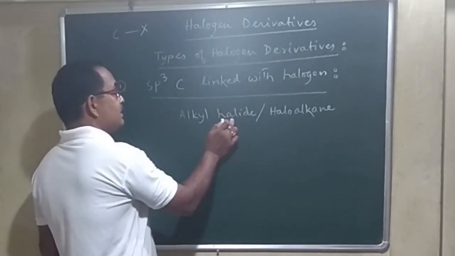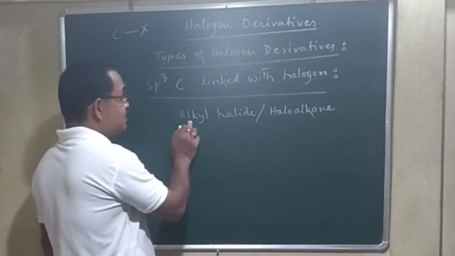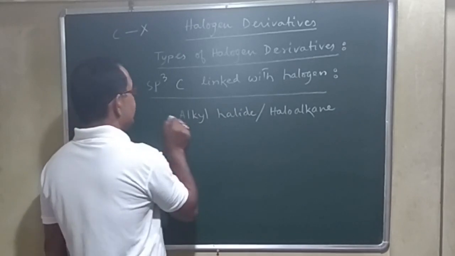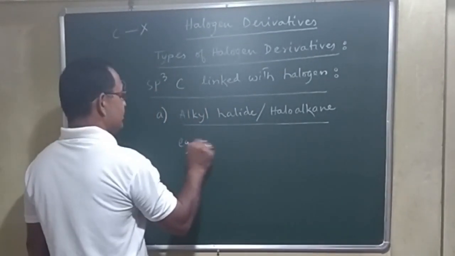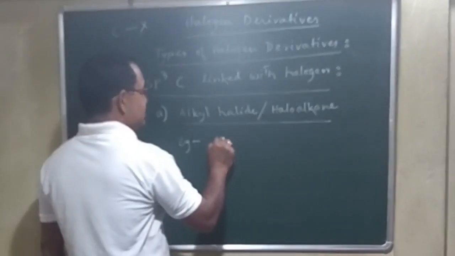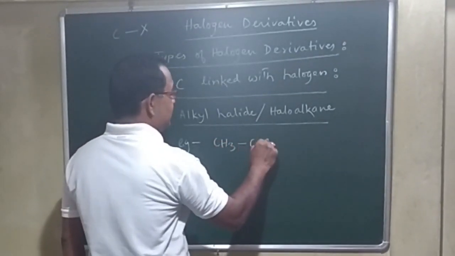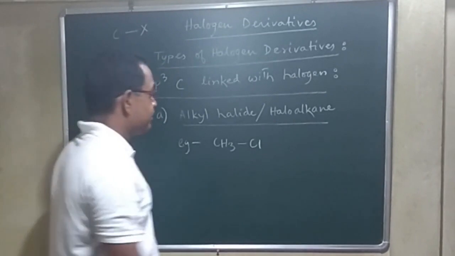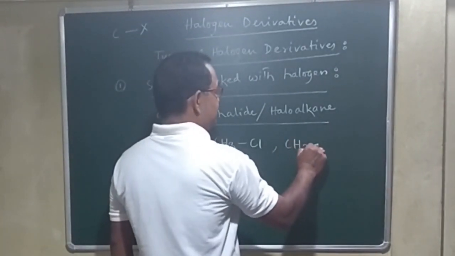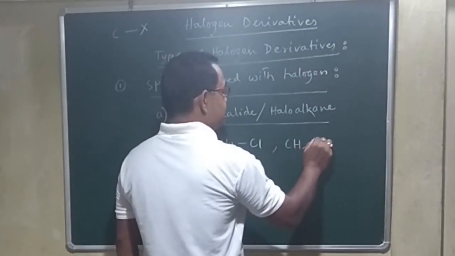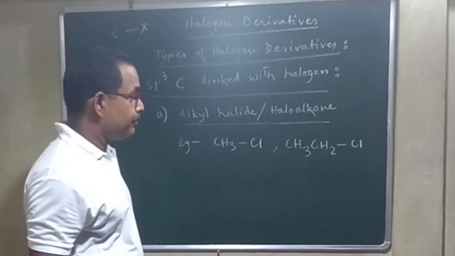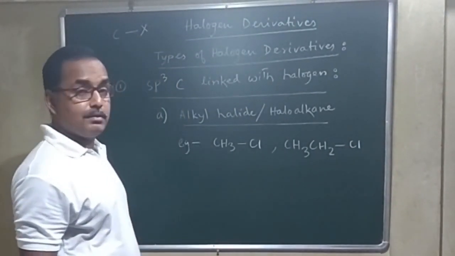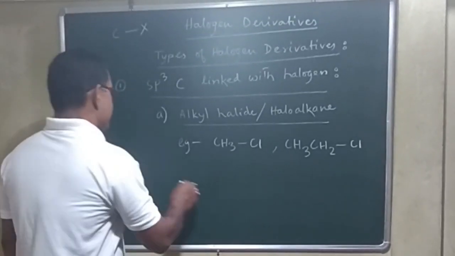Here, halogen atom is directly linked to sp3 carbon. For example, number 8. For example, CH3Cl. This is chloromethane. CH2Cl. This is chloroethane. These are of this type.